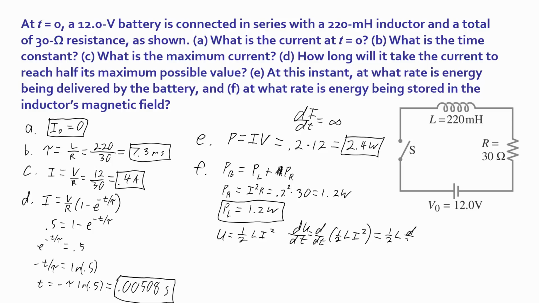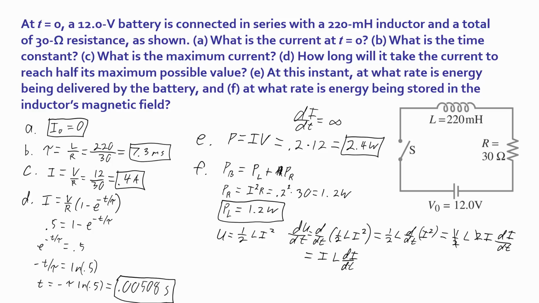So we're going to have the derivative of i squared, and that just works out to be 2i, but then by chain rule we're going to have a di/dt left over here. The 2 cancels with the 1/2. I'm going to jump back over here, and we have i L di/dt.